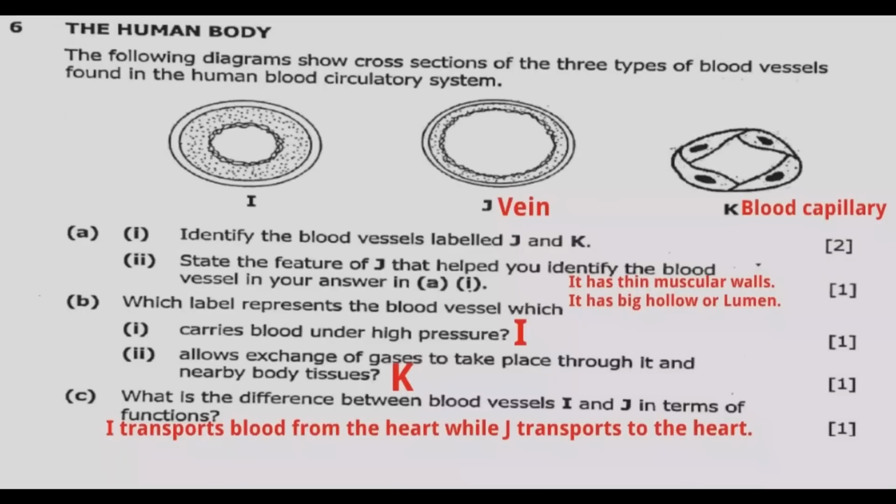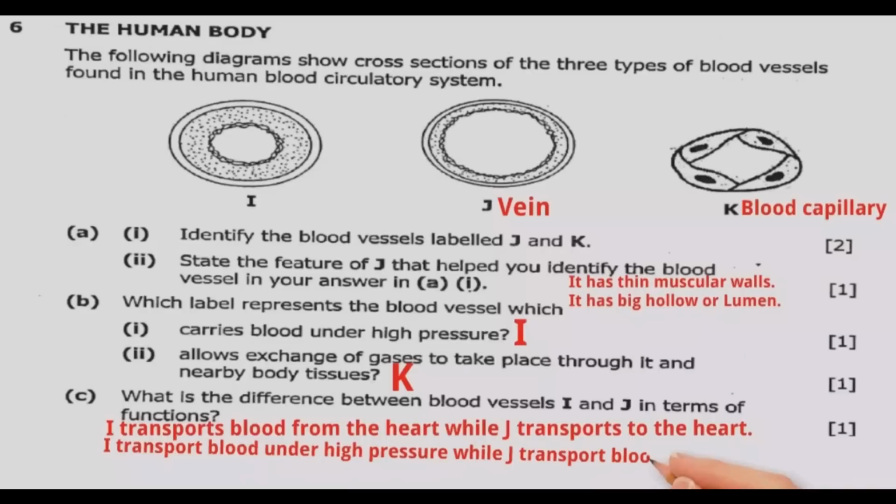Then number 2, I transport blood under high pressure, while J transport blood under lower pressure. So that is the difference. I transport blood at high pressure, while J transport blood which is at low pressure.